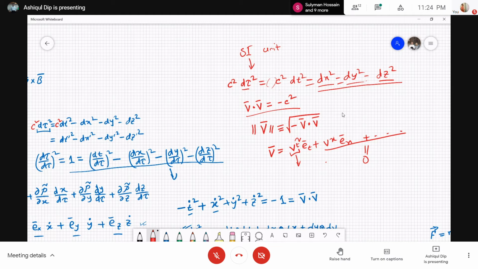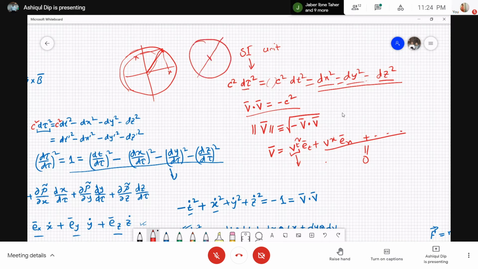So you can compare it with circular geometry. If you have a rod here, with an x coordinate and a y coordinate, and you rotate your coordinates like this so that the rod lies along your y-axis, there is no x component.